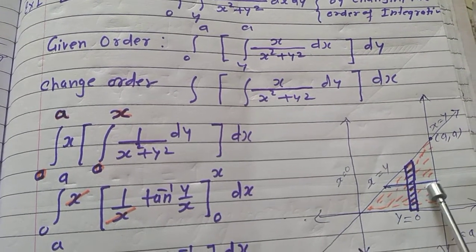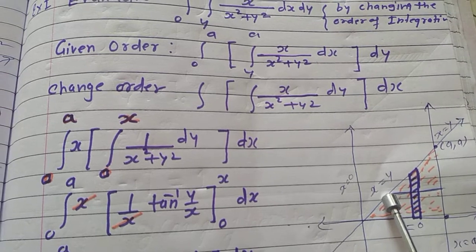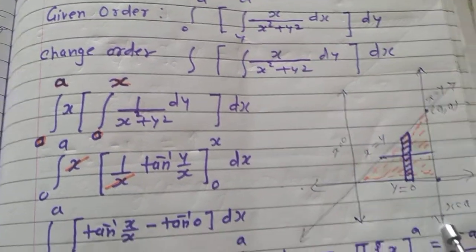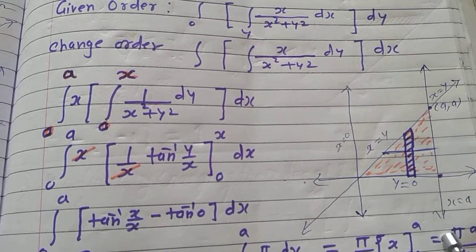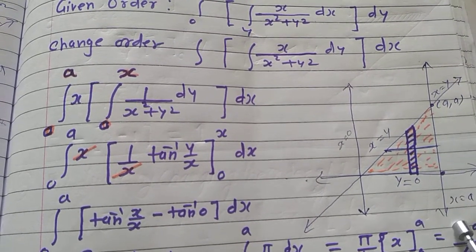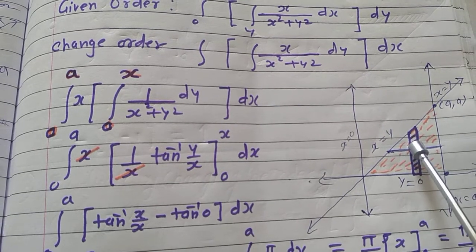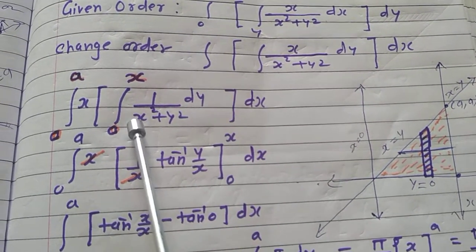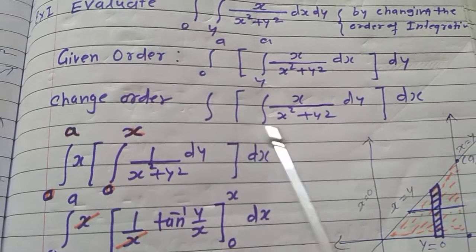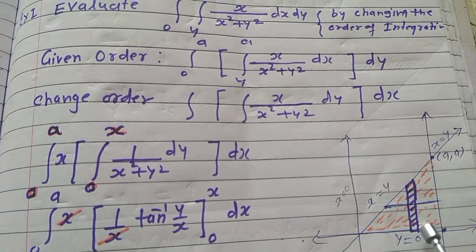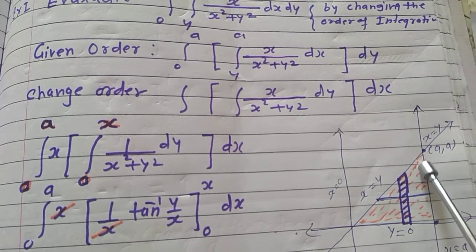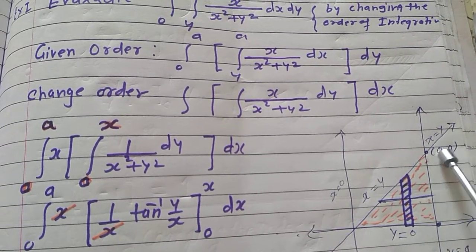This is your lower limit, x is equal to y, and this is x is equal to a, a line parallel to the y axis. Now when this strip comes to the lower limit, y is equal to 0, and this is y is equal to a. Here the line becomes a point.